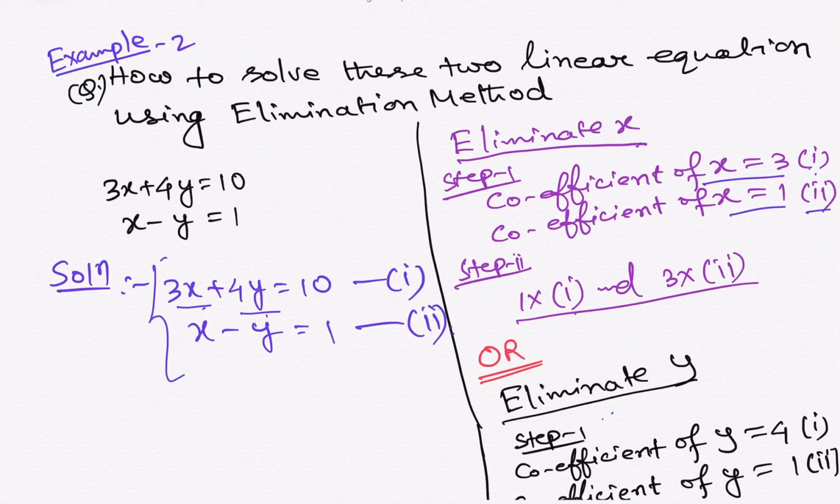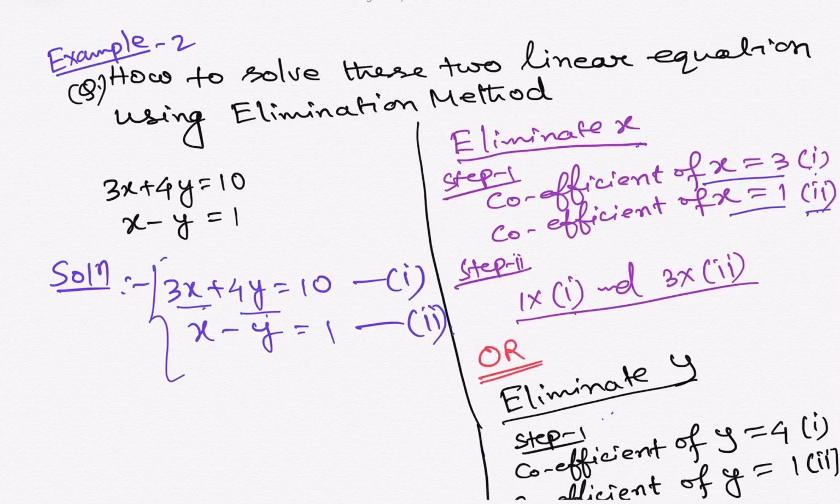After that, this 1 from equation 2 is multiplied to both sides of equation 1, and the coefficient 3 from equation 1 is multiplied to both sides of equation 2. This is the second step. When you follow these two steps, you can easily eliminate x from both equations.